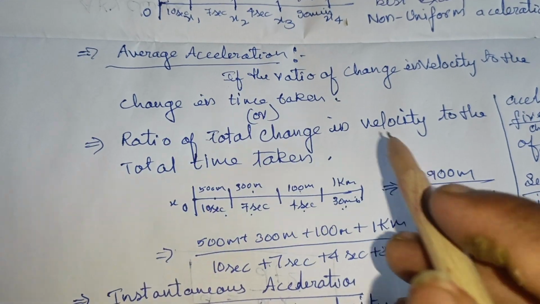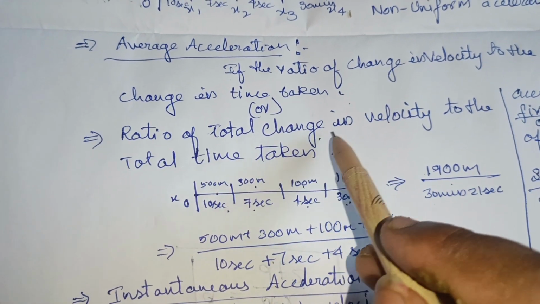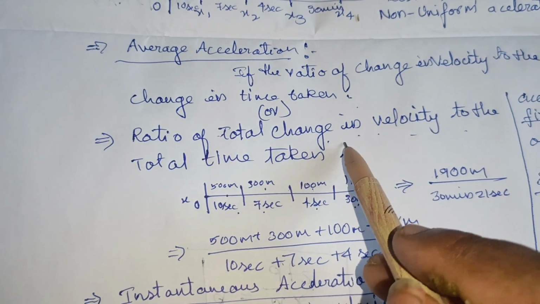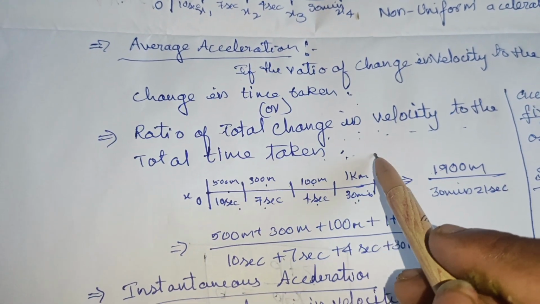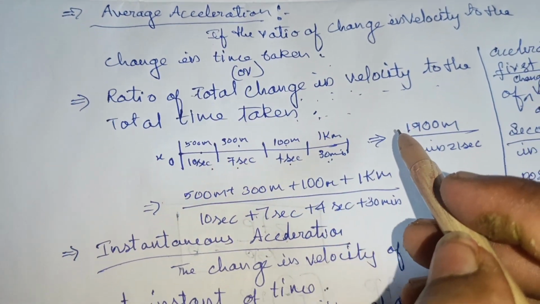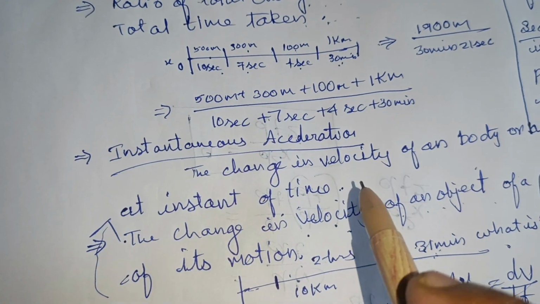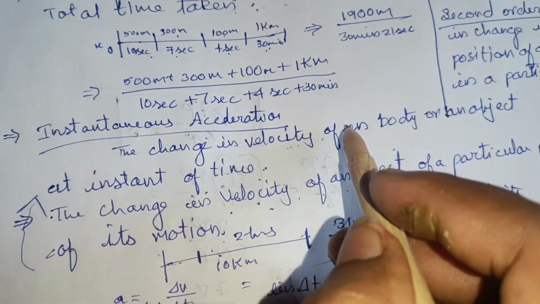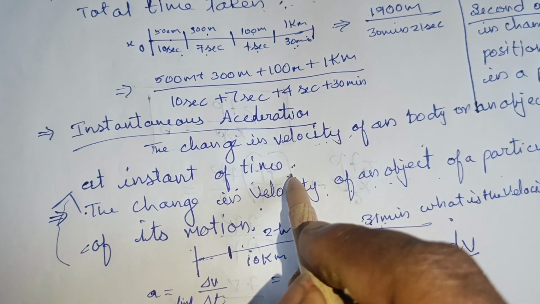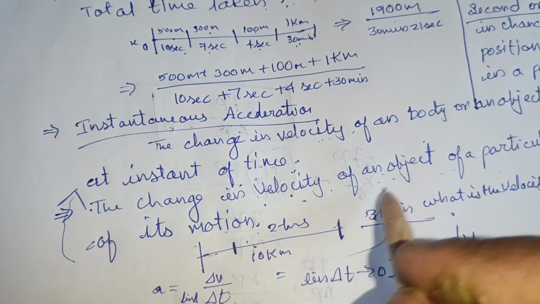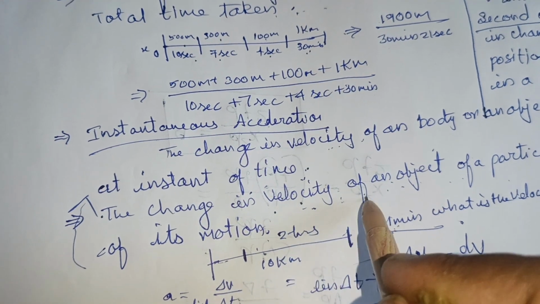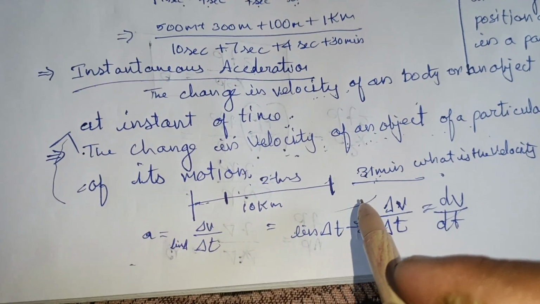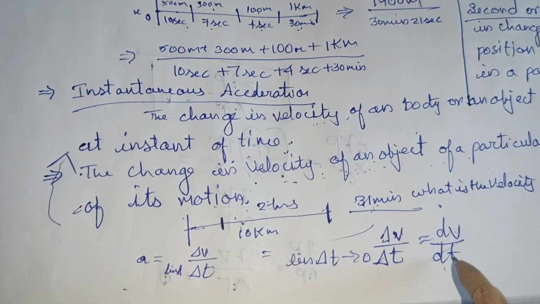Average acceleration means the ratio of total change in velocity to the total time taken. And instantaneous acceleration means change in velocity of an object at any instant of time or point of its motion. We can write this derivation also like dv by dt.